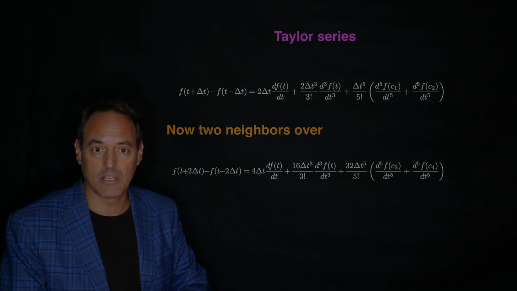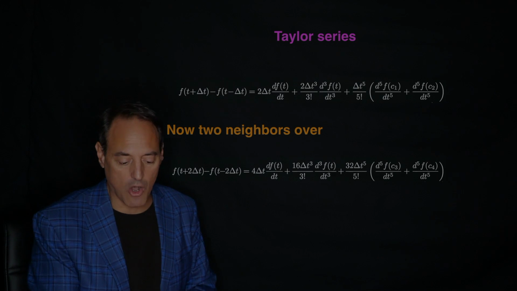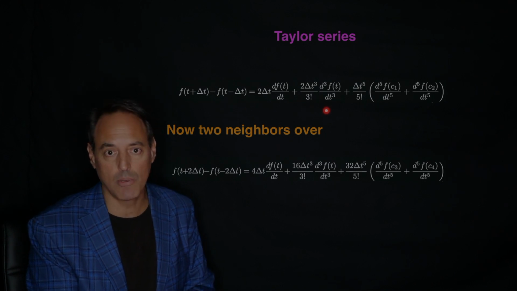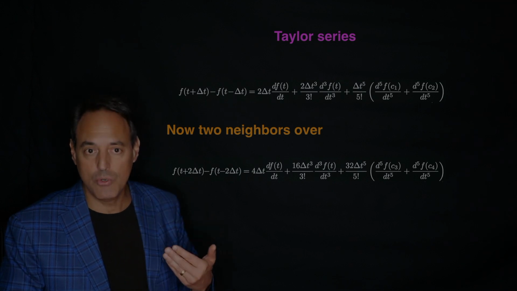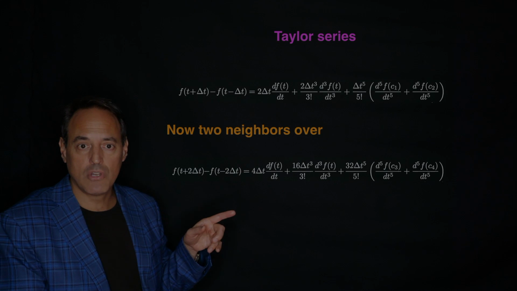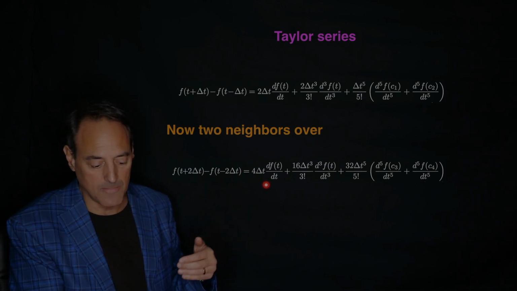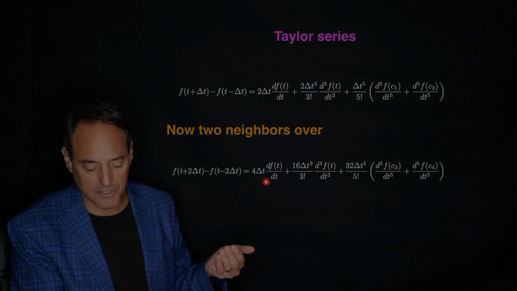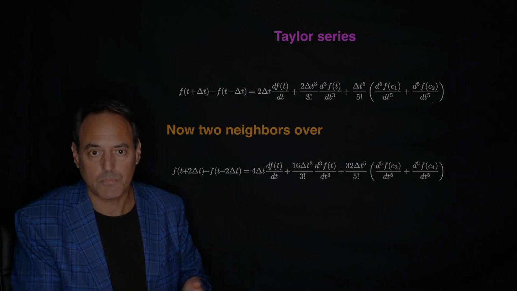Now I'm using 2 neighbors on either side, and it's essentially this formula, but where I see delta t, I replace it by 2 delta t. When you do that, here's the expression you get: f of t plus 2 delta t, f of t minus 2 delta t. You now get 4 delta t here, 16 delta t cubed here, and these terms.